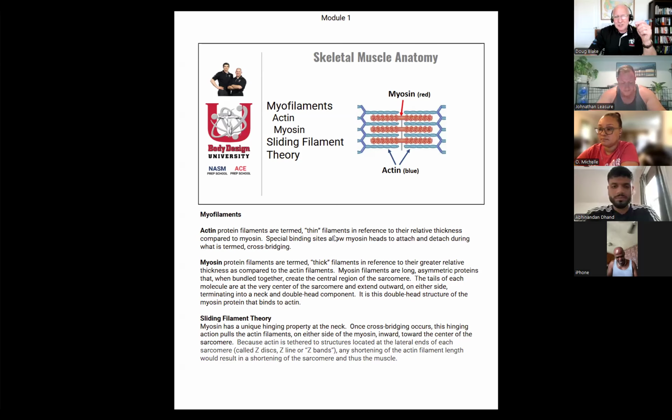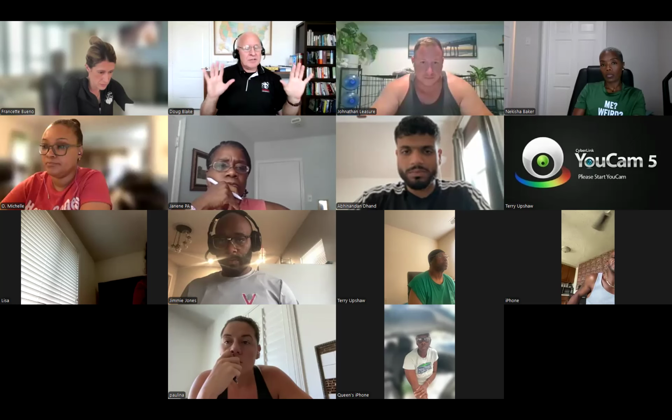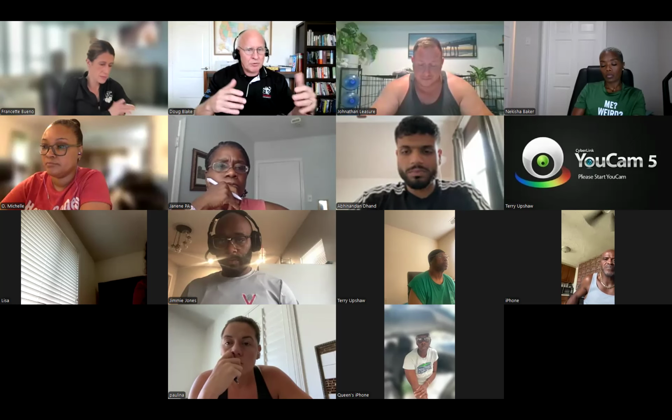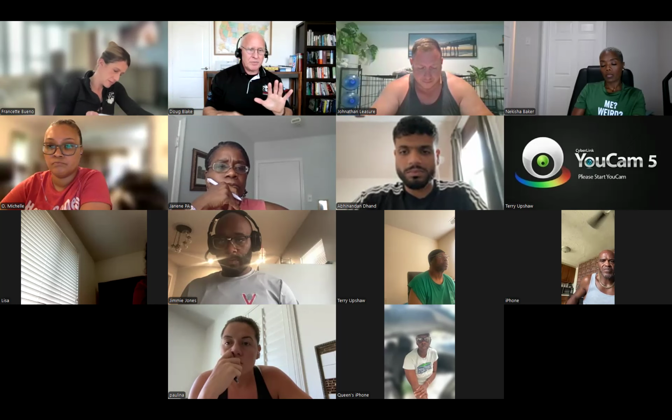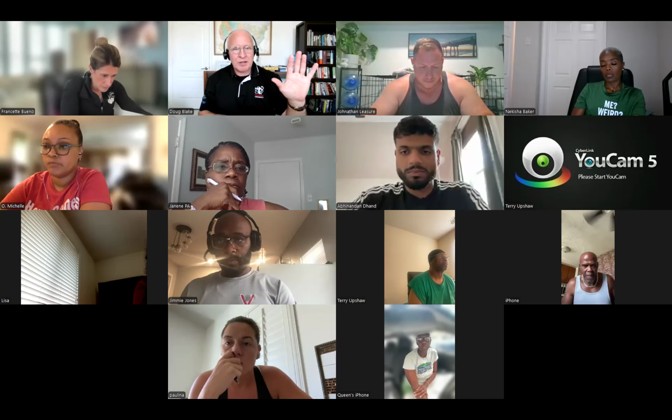These binding sites are what allow the heads of the myosin, right, to attach and detach. That's what's ultimately going to allow us to understand what's known as the sliding filament theory. Once again, please don't go too much deeper than you need to on this. We have the sliding filament theory.